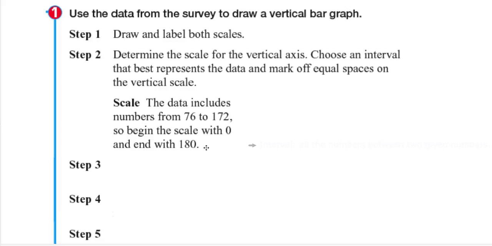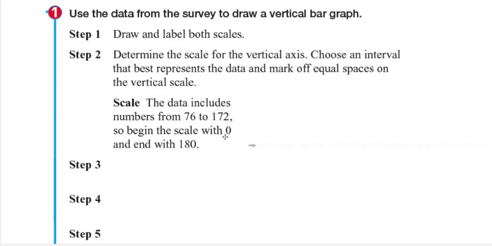If you notice later on, okay, most scales, I'm not saying all, most scales will start with 0, okay, and end with the number that will encompass or will be a little bit higher than the highest piece of data. Okay, so most scales will include the 0.